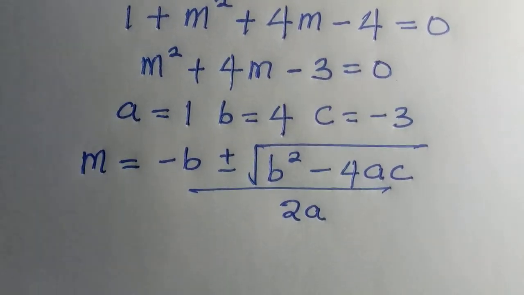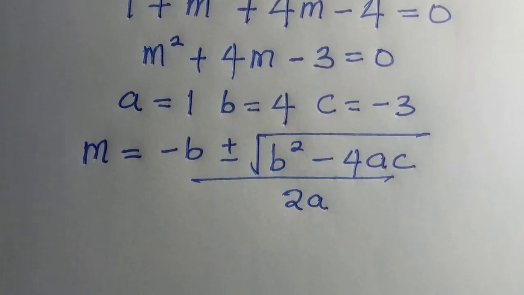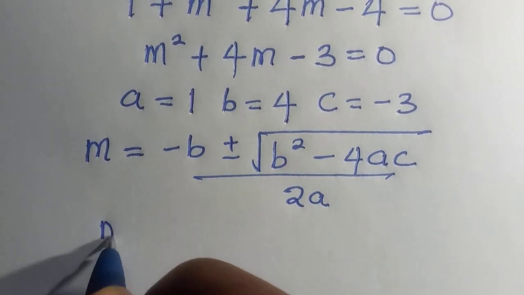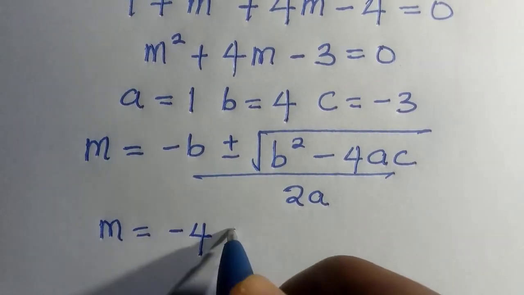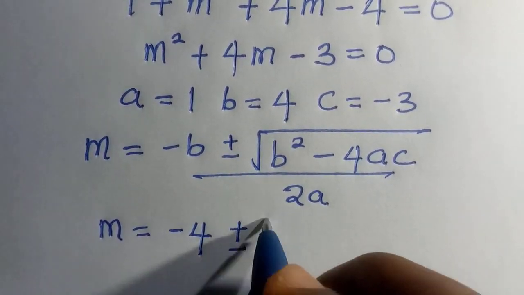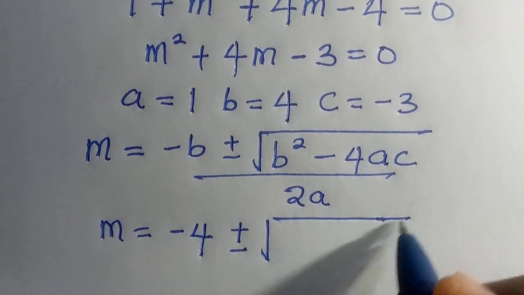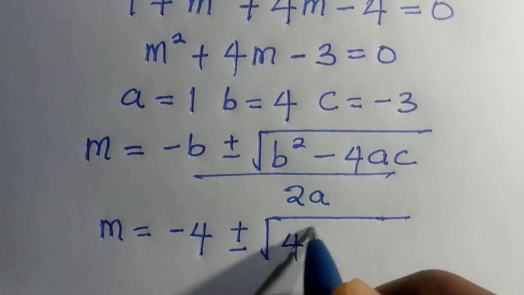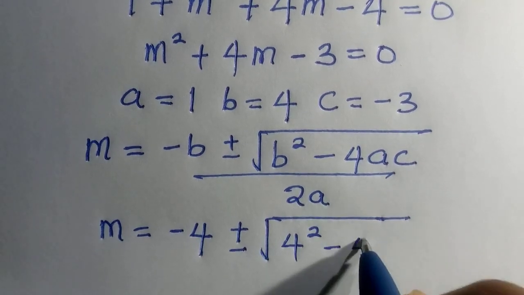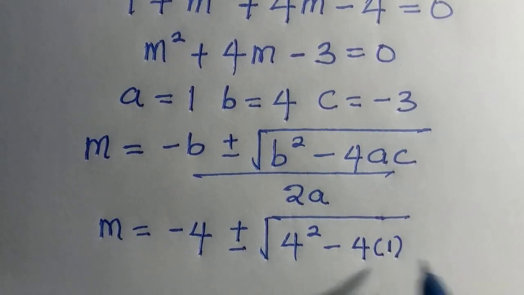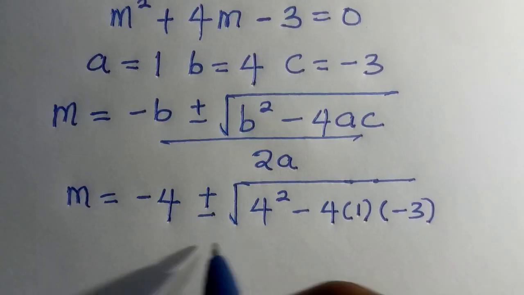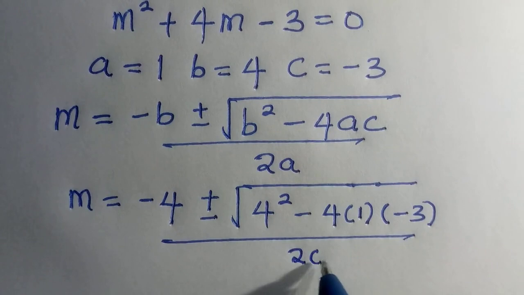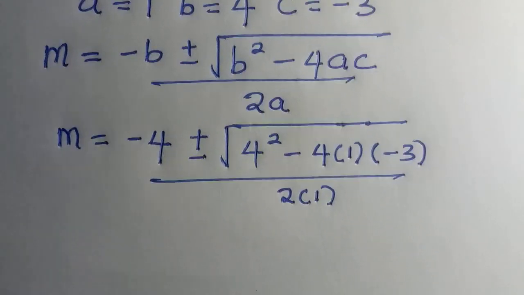Here is where we apply all those parameters. And we have m equals minus 4 plus or minus the square root of 4 squared minus 4 open bracket 1 open bracket minus 3, divided by 2 open bracket 1.